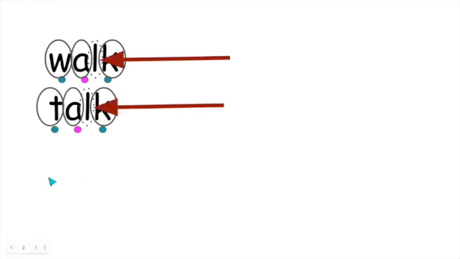W, ah, k. I don't hear, or I don't seem to hear, the letter L making a sound. And the similar thing is happening in the word talk. This leads us to wonder, what exactly is that letter L doing in there anyway?